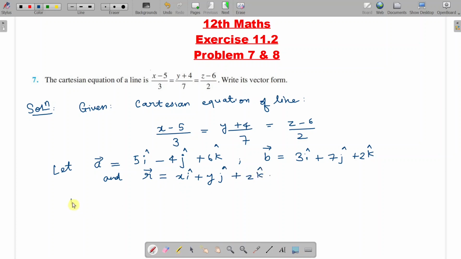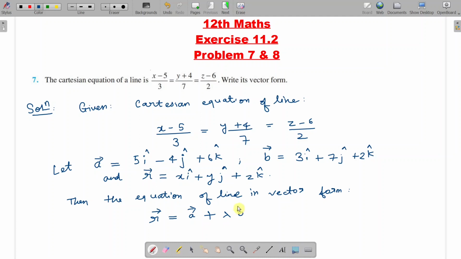Okay, so then the equation of the required line we can write in the vector form. Now the equation of line in vector form will be r bar equal to a bar plus lambda b bar.